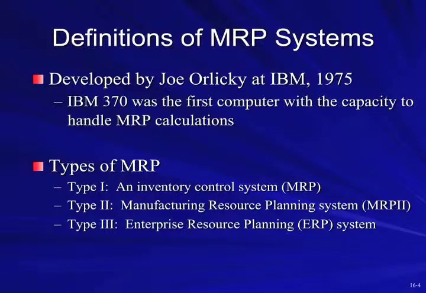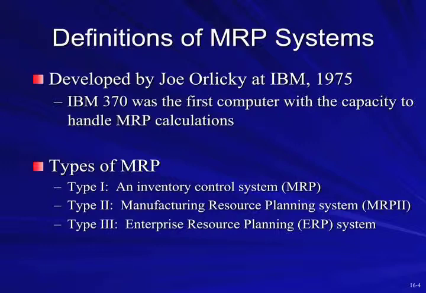MRP systems have been around since the early 70s, and IBM was one of the first to develop software and computers that manage inventories by MRPs. And there are different types of MRPs. One is inventory control.